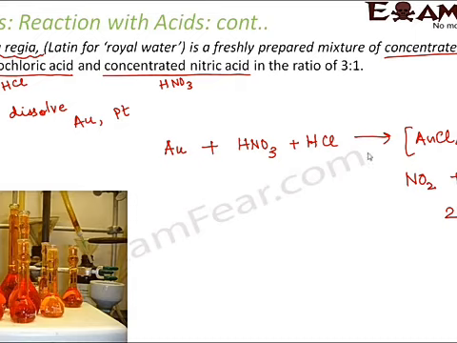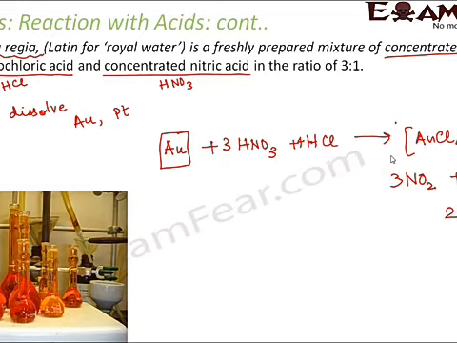So this would be the complete reaction. Correct? So what do you see? Earlier it was gold, but on reacting with aqua regia, gold formed gold chloride. So basically it got dissolved in the acid.